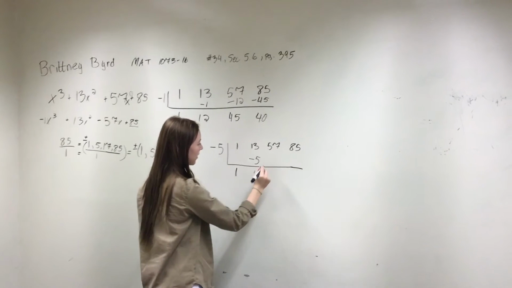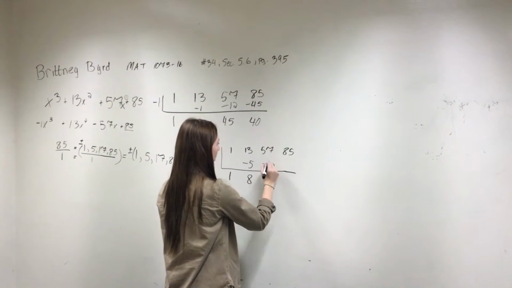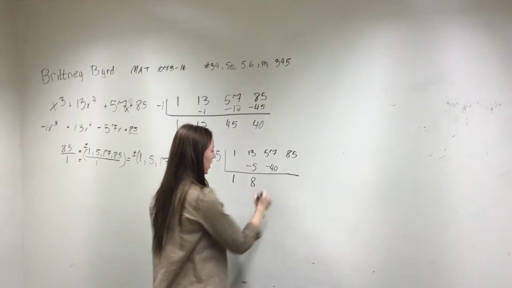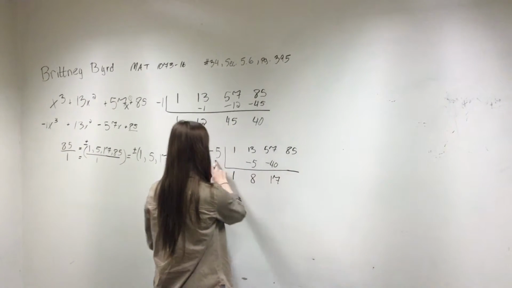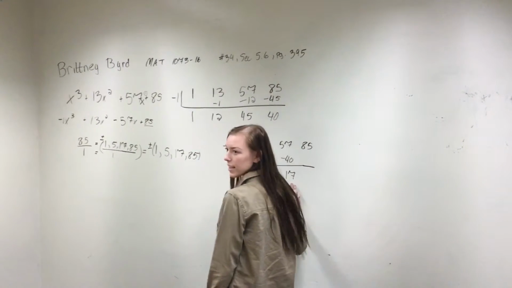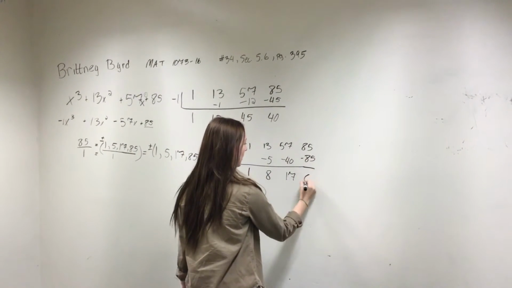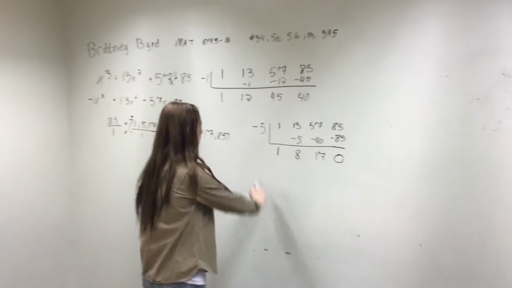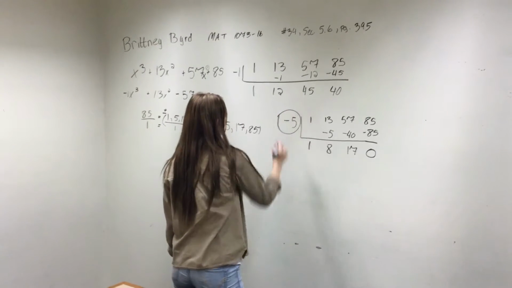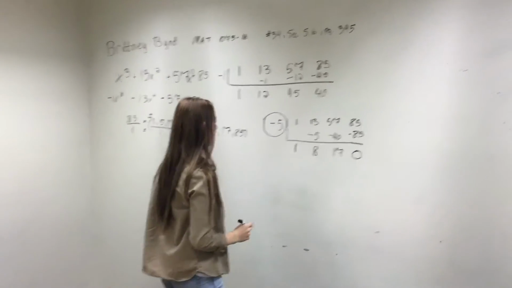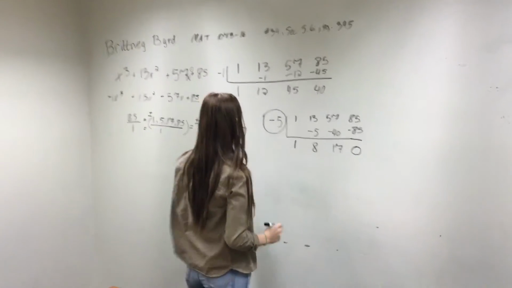Negative 5 times 8 is negative 40. 57 plus negative 40 is 17. Negative 5 times 17 is negative 85. You add these two and you get 0. So that means that negative 5 is actually a zero of this equation. So we know that we have 1 real zero.